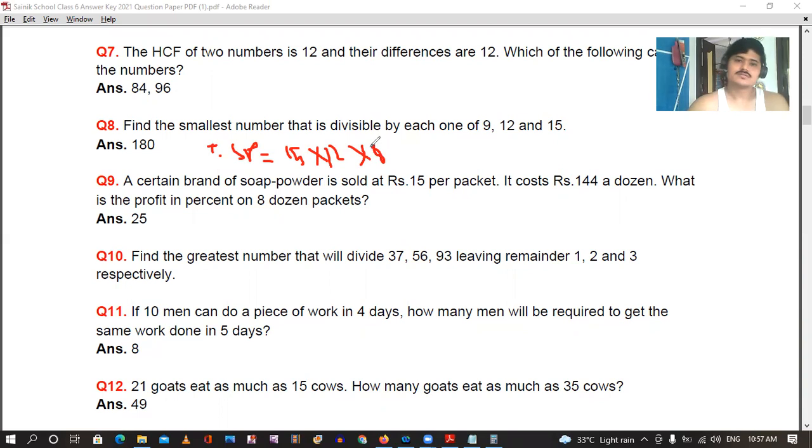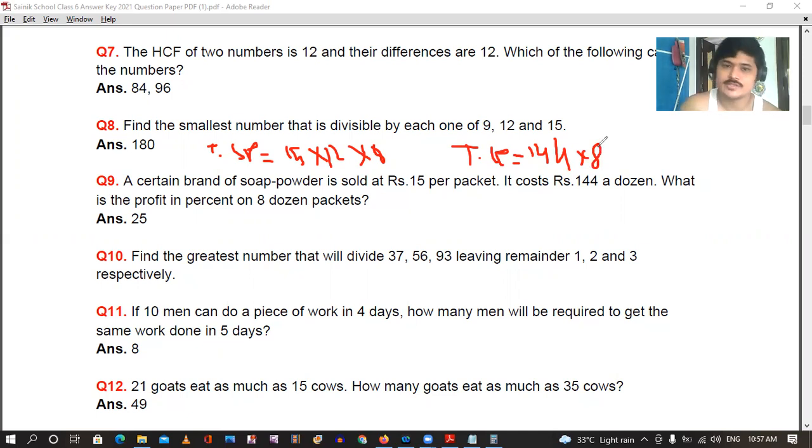So this is his total SP. His total CP is equal to 1 dozen is 144 into 8 dozen means into 8.